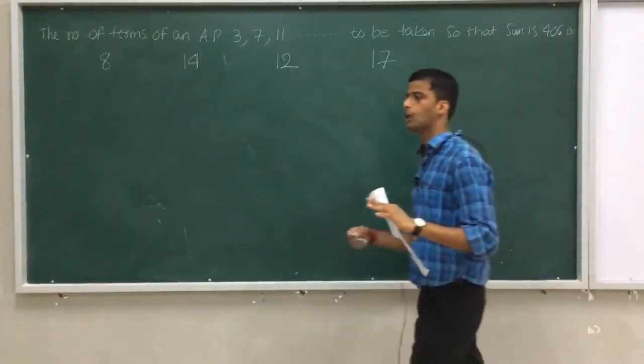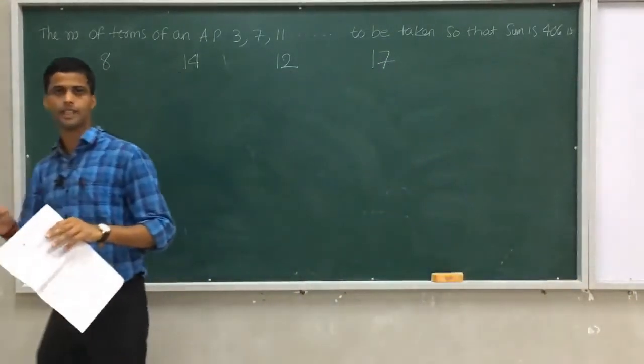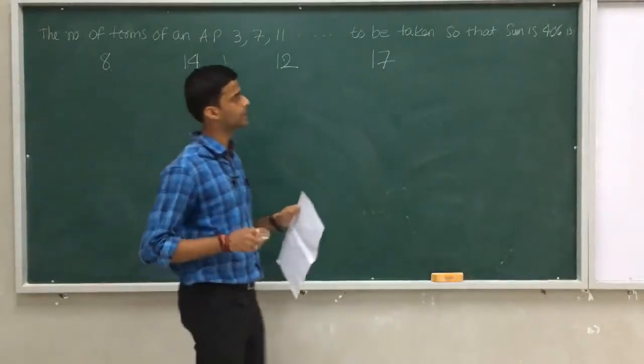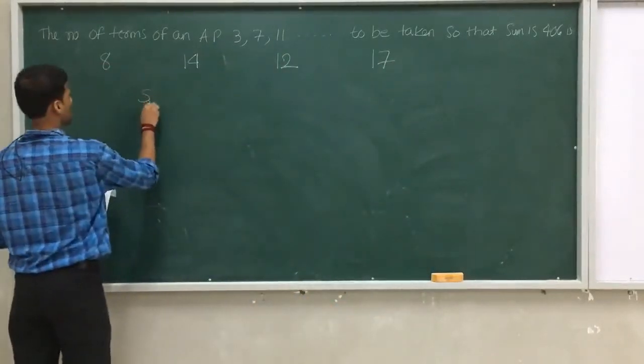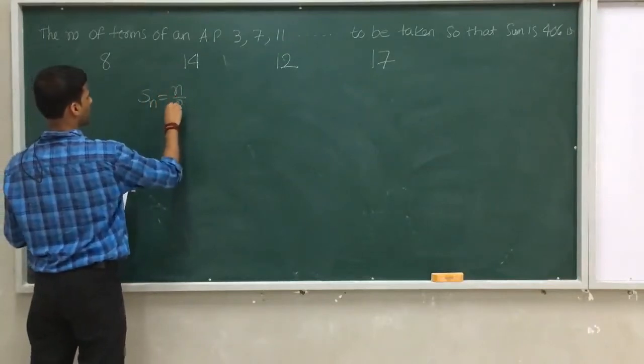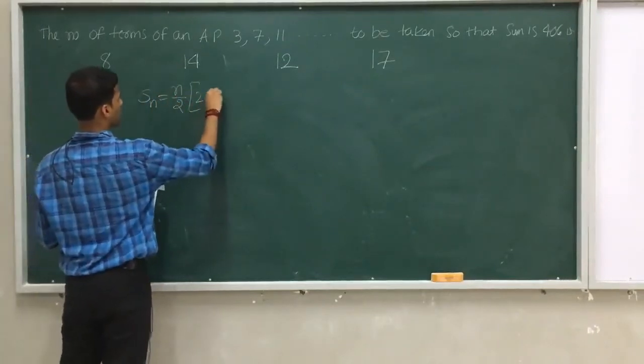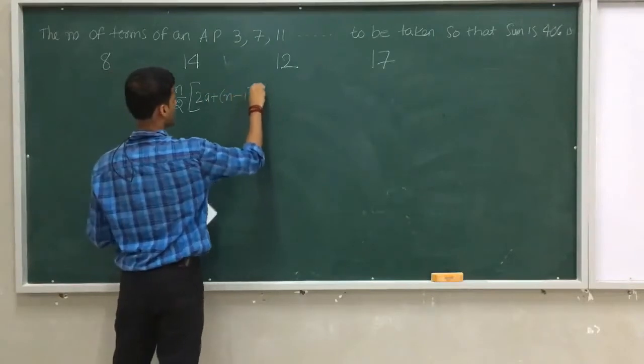That means how many terms do we take in this AP so that when you add them you get a sum of 406. It's an AP, so I can apply the AP formula, n by 2 into 2a plus (n minus 1) into d.